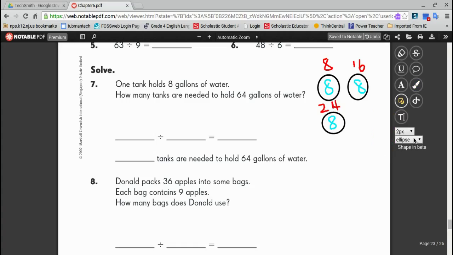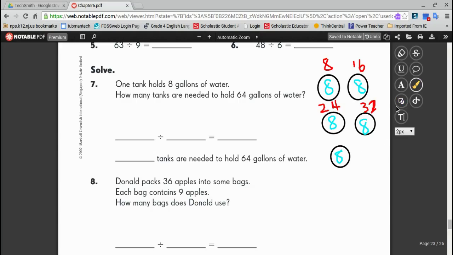So I need another 8. Alright, another 8. That would be 32. I need another 8. And again, all I'm doing is I'm making my groups of 8.